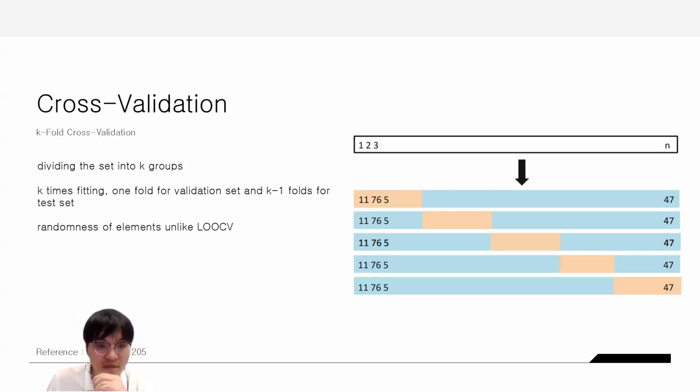So another method, K-fold cross-validation, is suggested.